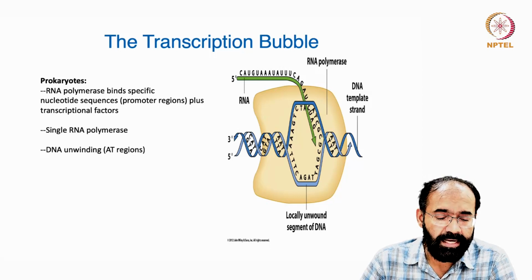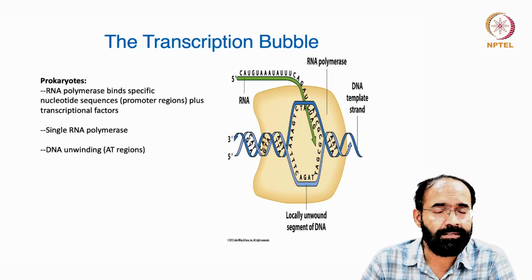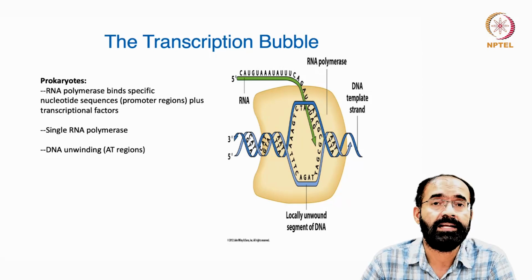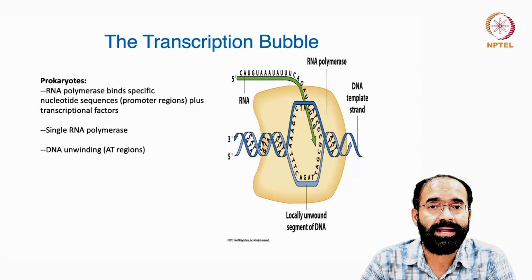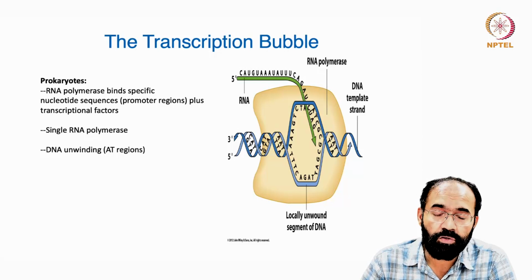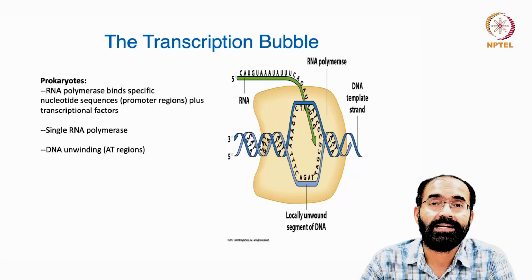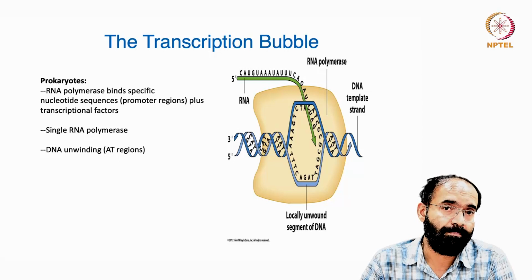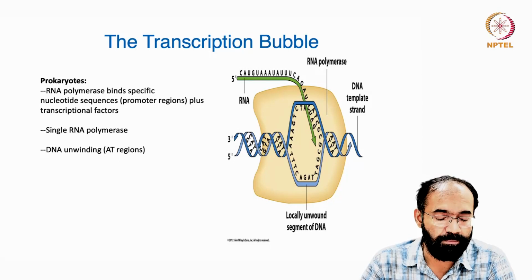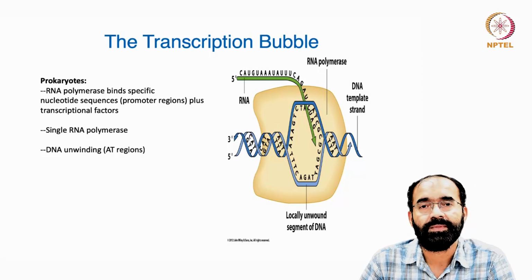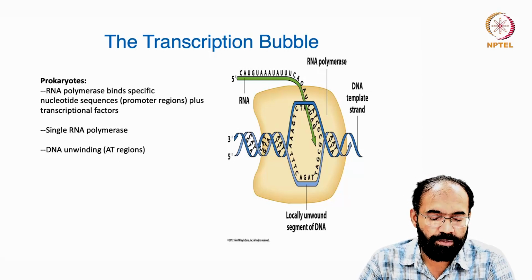AT region doesn't really mean that it has to repeat like AT, not like that. It can be predominantly AT rich, and we know A pairing with T is a double bond, which is weaker compared to G pairing with C, which is a triple bond. So this unwinding is much easier when you are talking about AT rich regions.